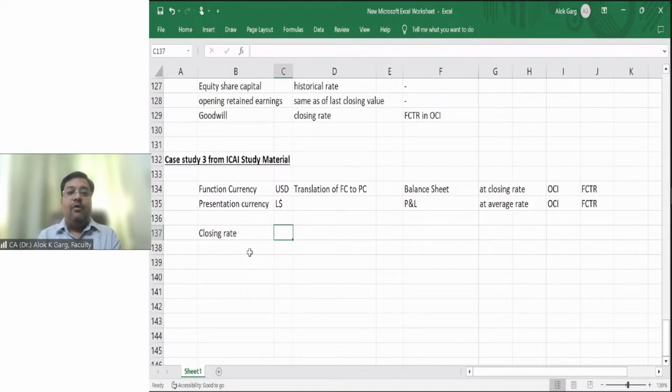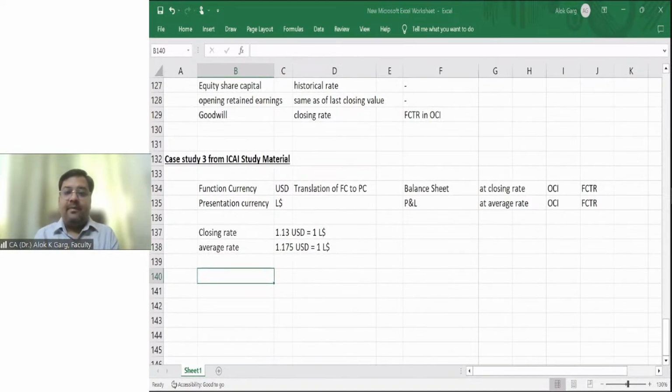The closing rate is 1.13 USD is equal to 1 L dollar, right? And then your average rate is given, 1.175 USD is equal to 1 L dollar, right? This information is given.